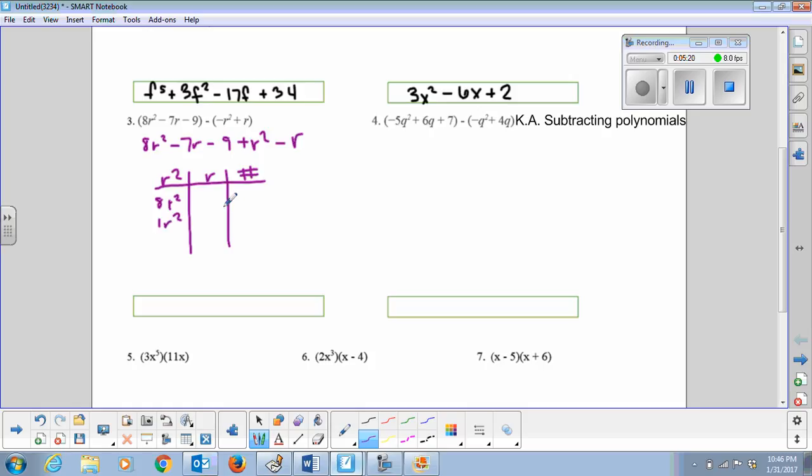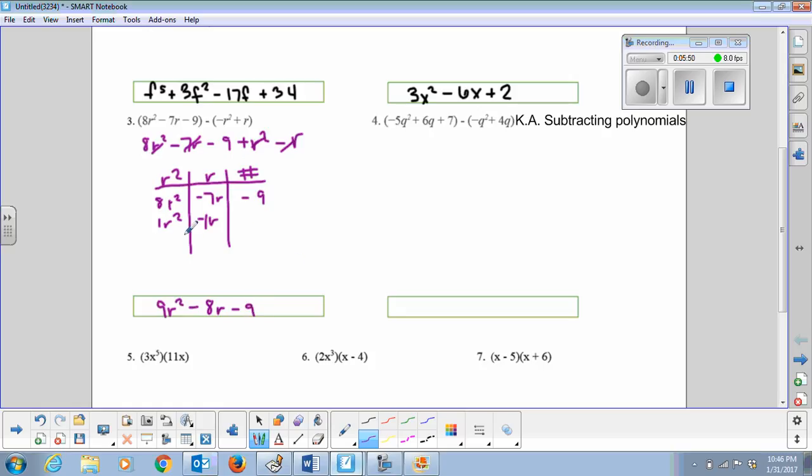For my R terms, we have negative 7R and negative R. And again, we can put that with the 1. And then I think the only thing we have left is negative 9. Yep. So 8 plus 1 is 9R squared. Negative 7 plus negative 1 is negative 8R. And then we are left with negative 9.